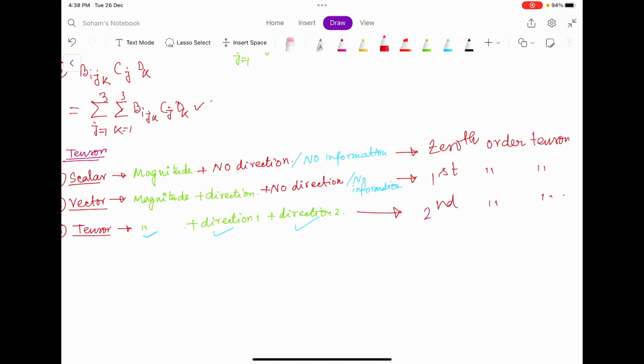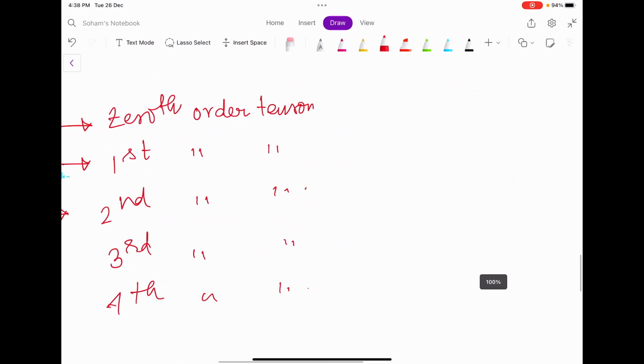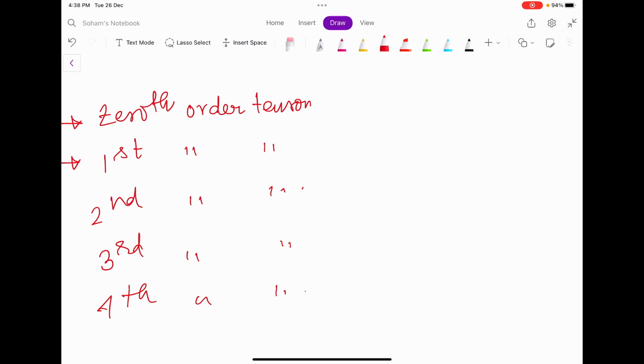So tensor is a more generic form, and we can have also third order and fourth order tensors. So now let us continue from this terminology.